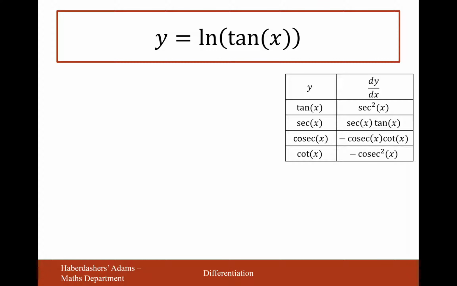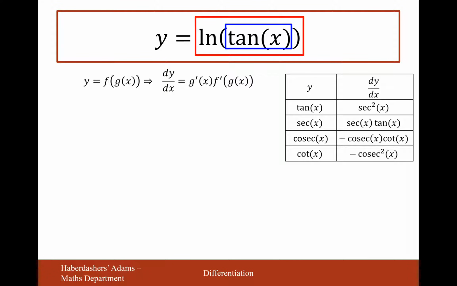So ln tan. So this is another case of the chain rule. We've got the inside function of tan, the outside function of ln. So let's get started using the chain rule. The derivative of the inside function first is sec squared. And then this is going to be multiplied by the derivative of ln.